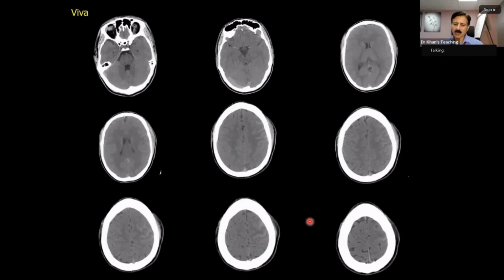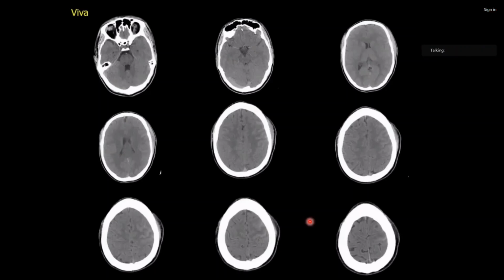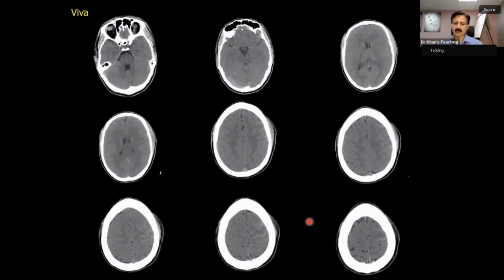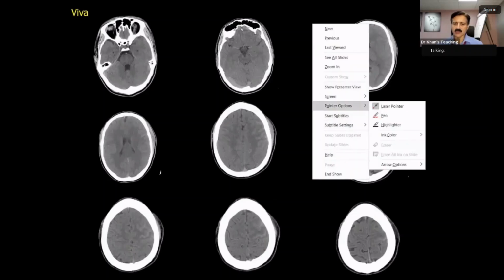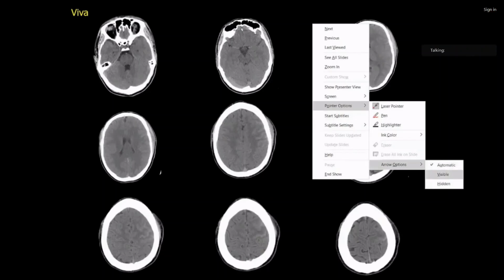What else can it be? How are you going to tackle it in the exam? That's the basic question. In the exam, look at other sequences as well. Nothing else except for this finding. Now, if you look carefully, there's some sulcal effacement I can see here as well.